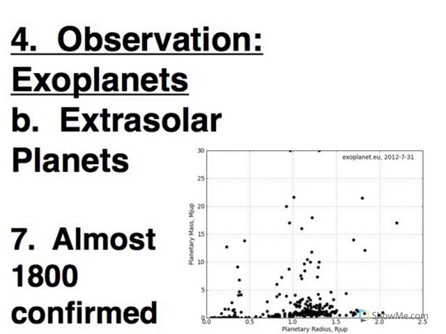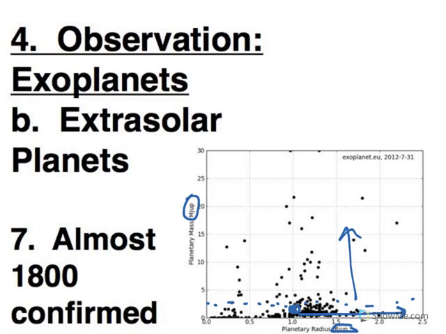So this is showing radius compared to the size of Jupiter, mass compared to the mass of Jupiter. So on this scale, 1 and 1, roughly in there, that would be the size of Jupiter. So everything above this line is heavier than Jupiter, and everything past that line is larger than Jupiter.